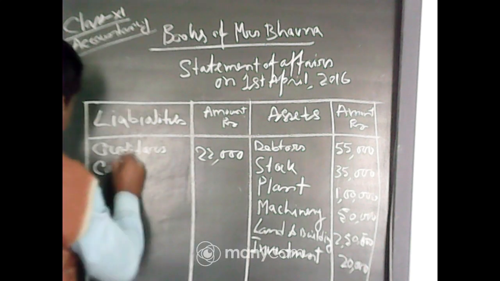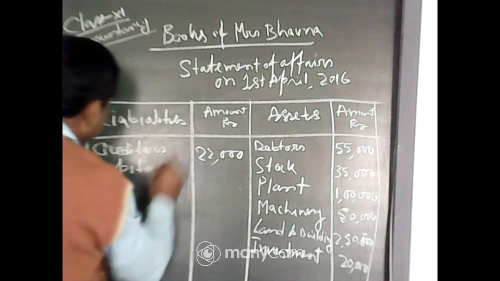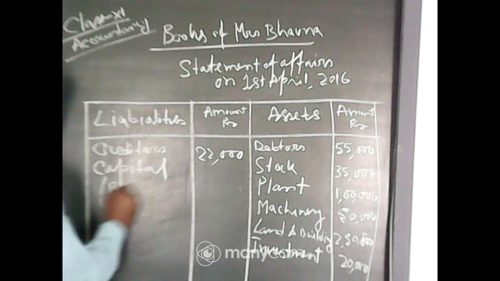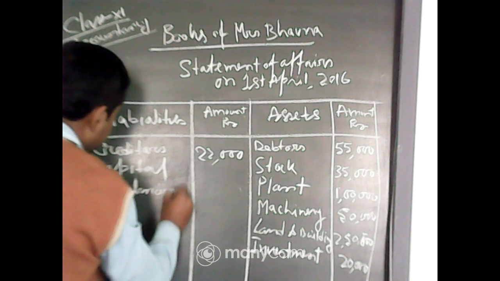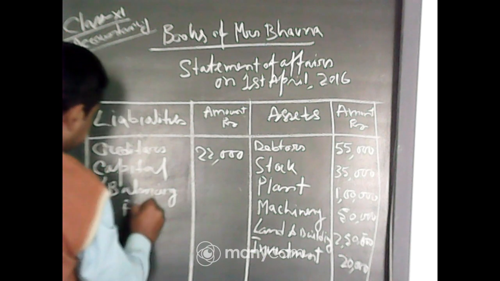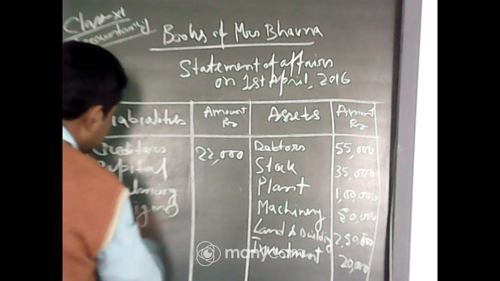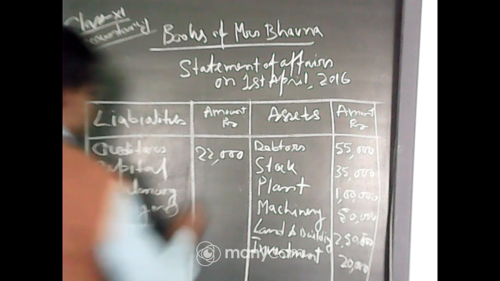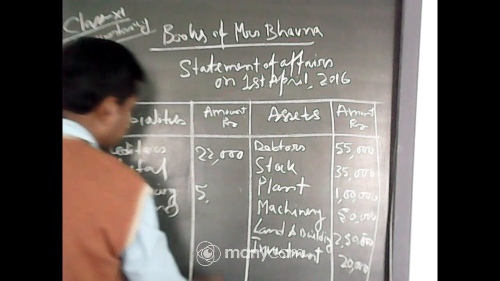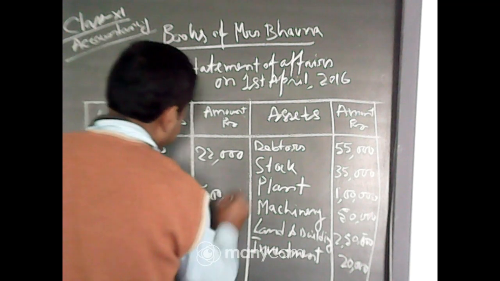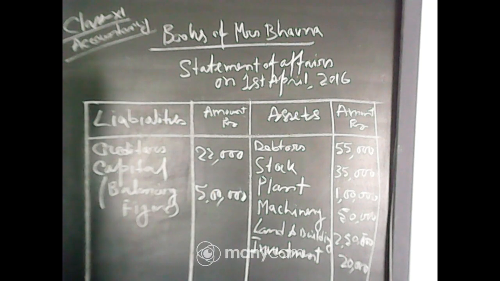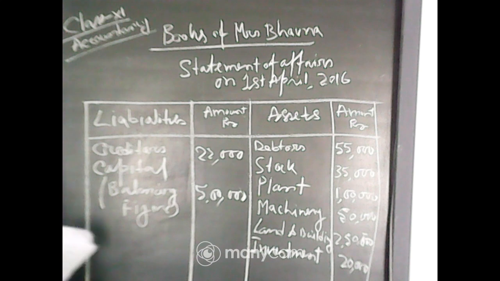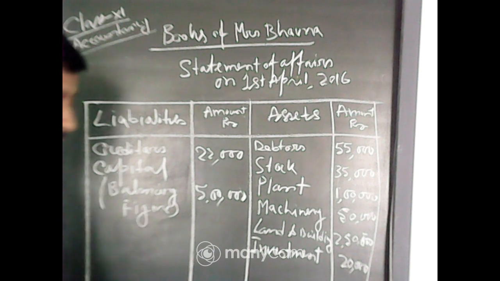That is capital, the balancing figure. So 5 lakh is the opening capital of the business of Mrs. Bhavna. So we also got the opening capital.